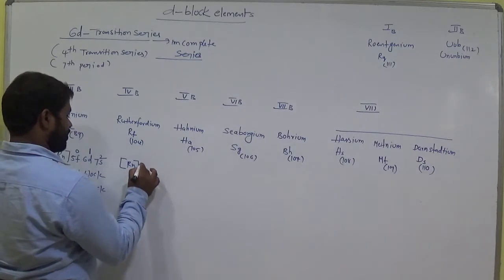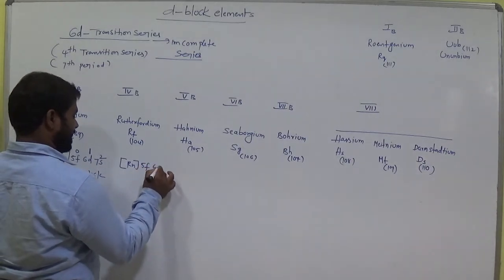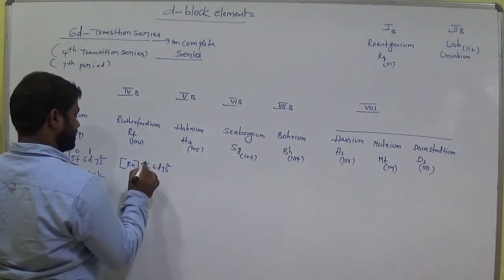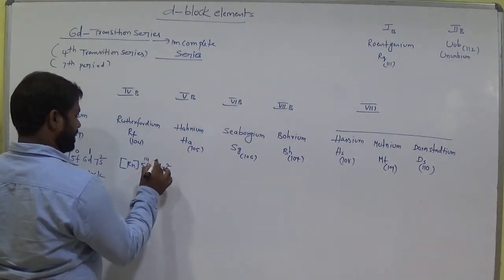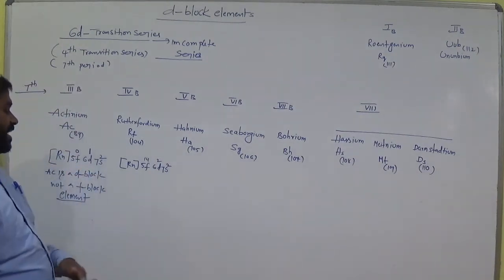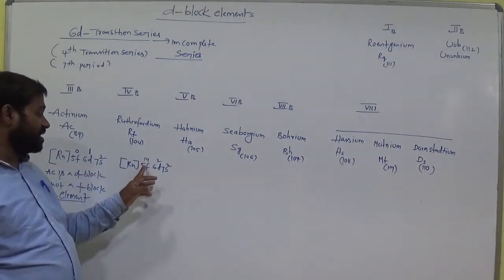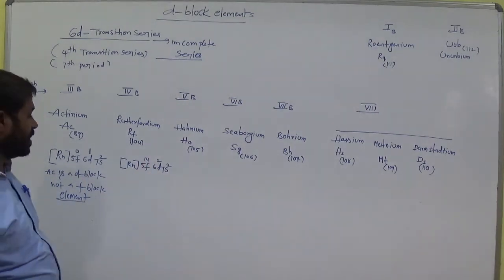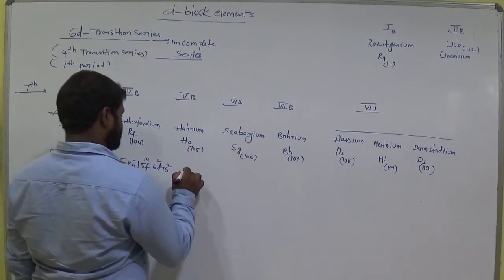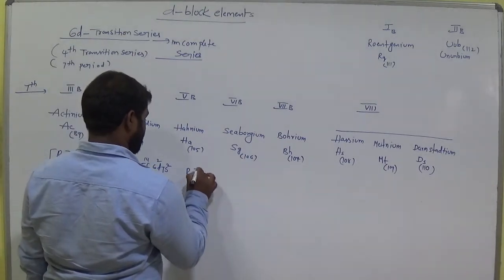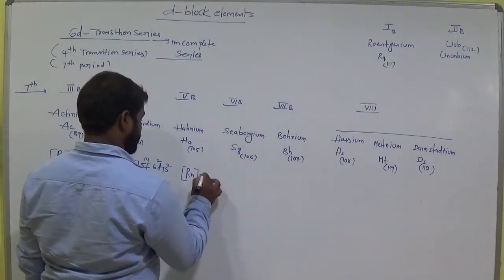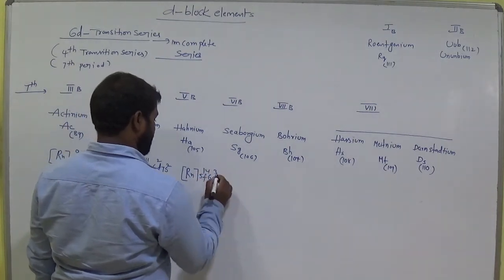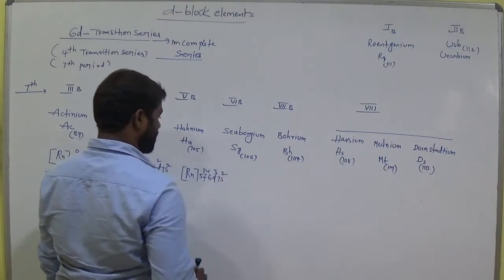Rn 5f14 6d2 7s2, here it is 14 and here it is 2. So 86 plus 4 is 90, plus 14 is 104. And radon 5f14 6d3 7s2, clear, 105.